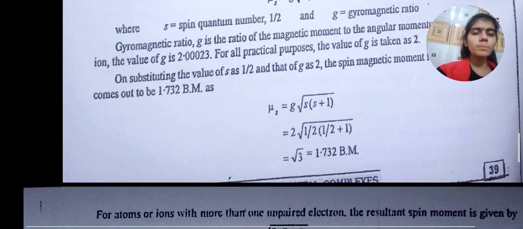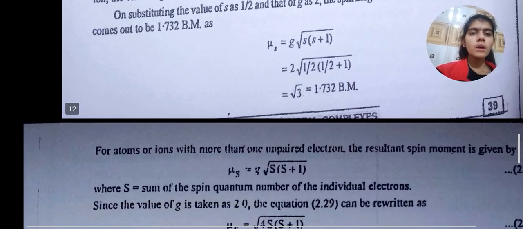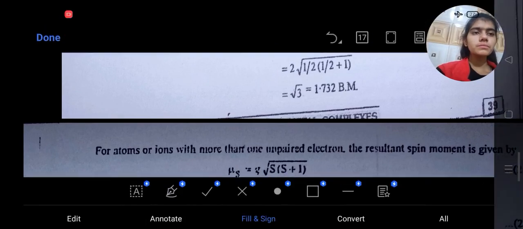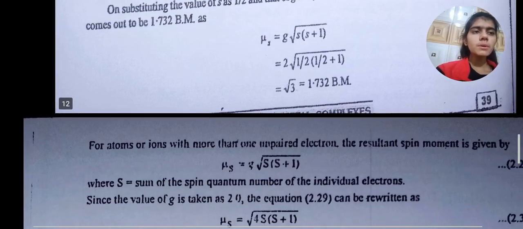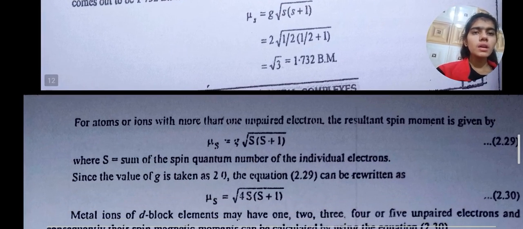For atoms or ions with more than one unpaired electron, the resultant spin moment is given by μs is equal to g under root S into S plus 1, where S is the sum of spin quantum numbers of the individual electrons.